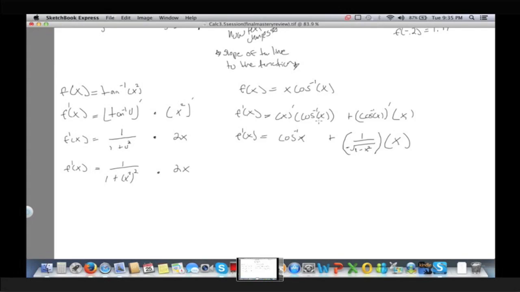One times inverse cosine is just inverse cosine, and then derivative of inverse cosine.